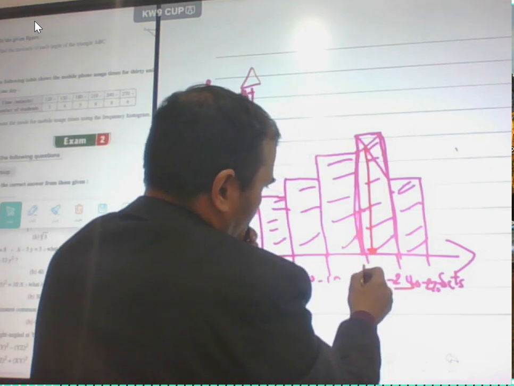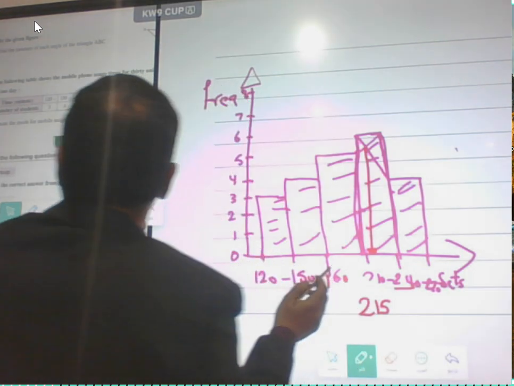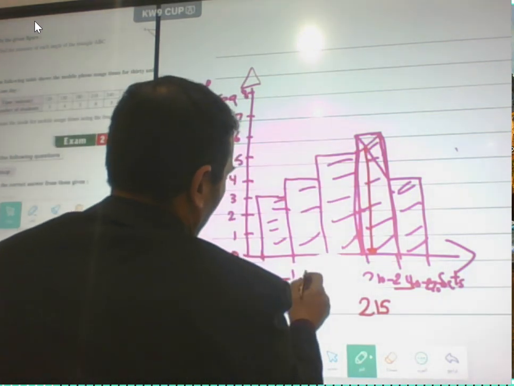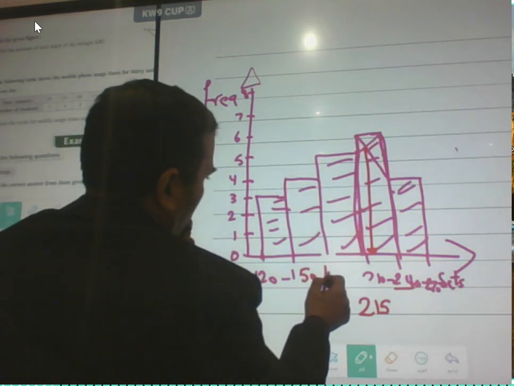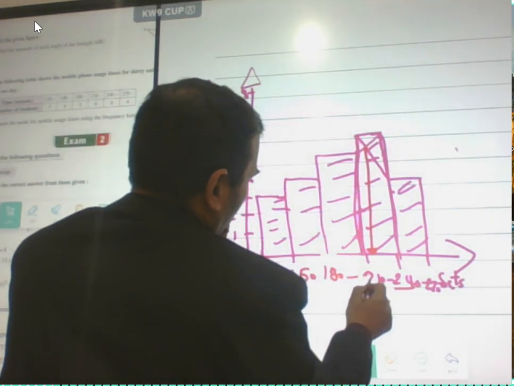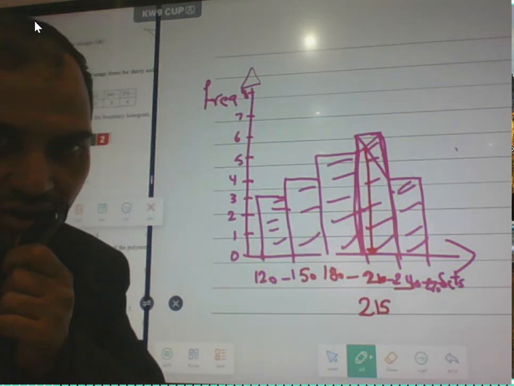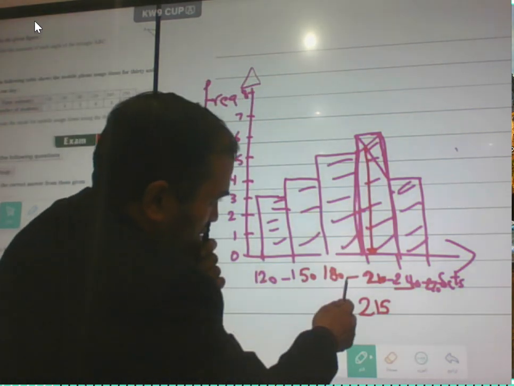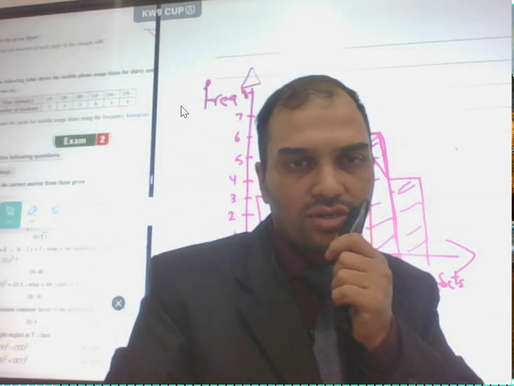Okay, maybe 215. Look here. 120 to 150, 180. This interval to here 210. Then the mode lies between 210 and 240. Okay, understood?